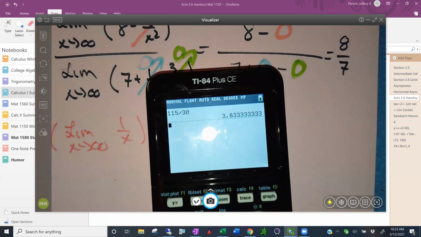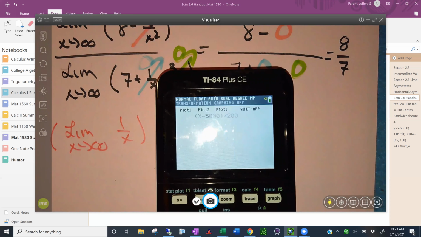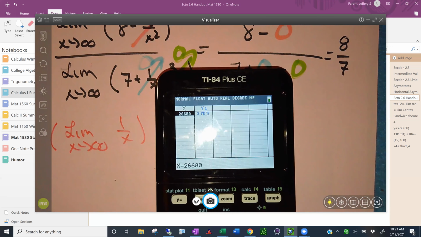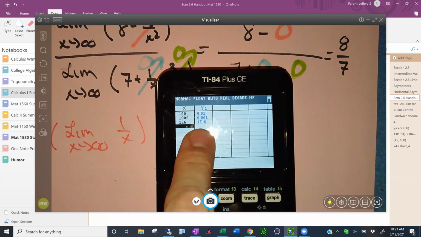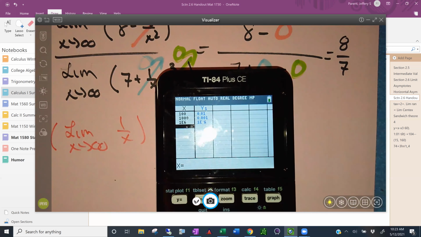Let me show it to you here. We'll put in 1 divided by x. And we'll do a little table. We'll put in 100 and then 1,000 and then 1,000,000, 1e-6. So these numbers are getting really, really small.